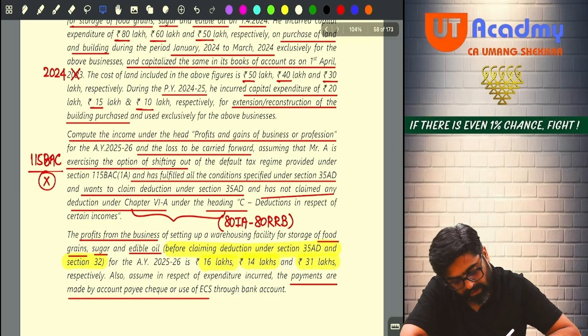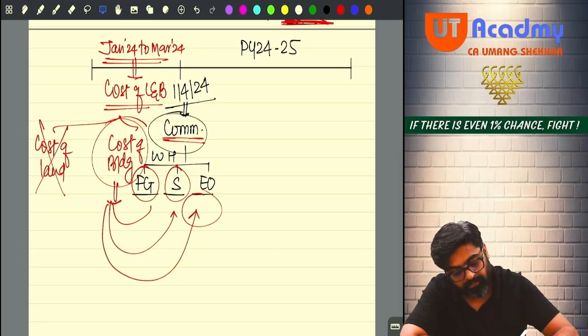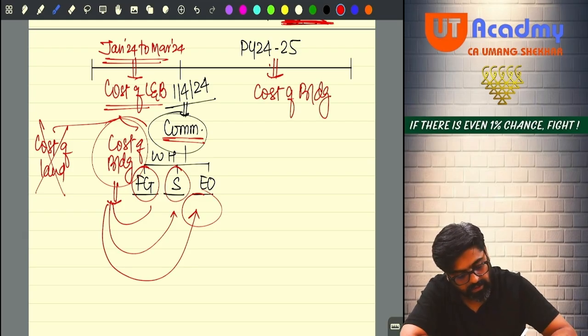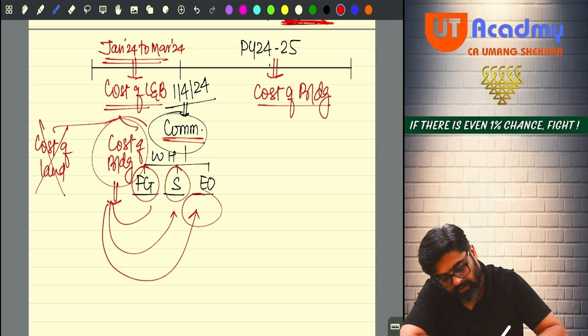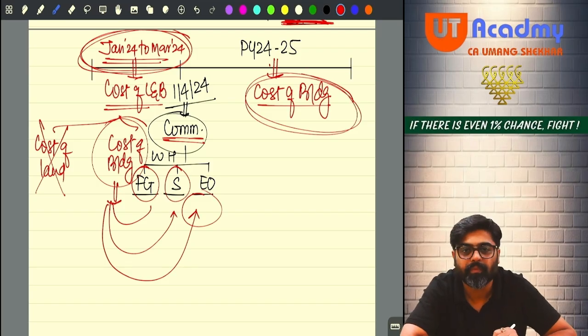Now they are saying that during the previous year 24-25, he incurred capital expenditure of 20, 15 and 10 lakh respectively for extension or reconstruction of the building purchased. Meaning that now in the previous year 24-25 also, some cost of building is incurred. Can I say this was pre-commencement? No, this is post.